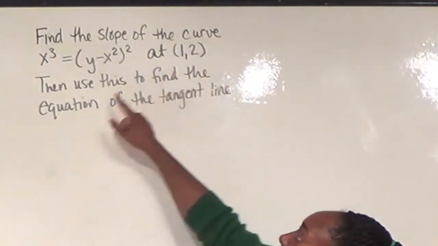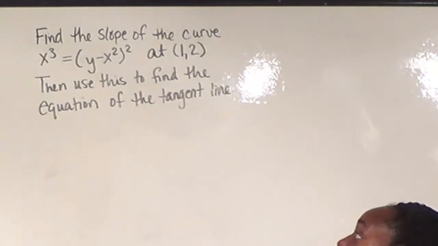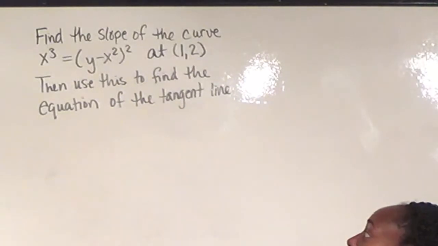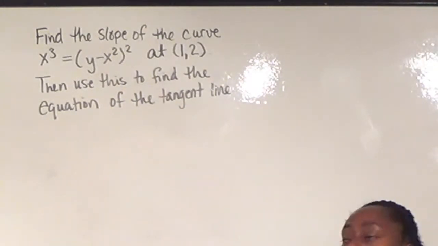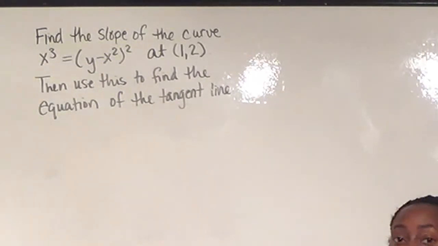We want to find the slope of the curve, x cubed equals (y minus x squared) squared, at the point (1, 2). And once we have that slope, we want to use that to find the equation of the tangent line. Okay. So again, to get the slope, I need to find the derivative.